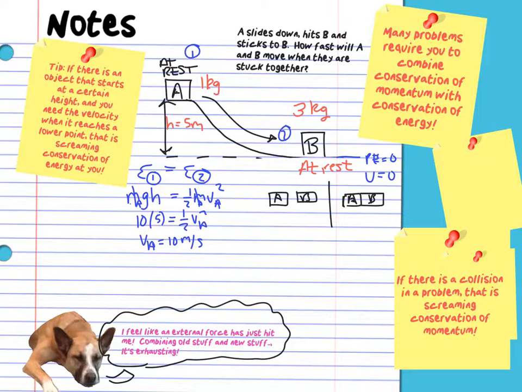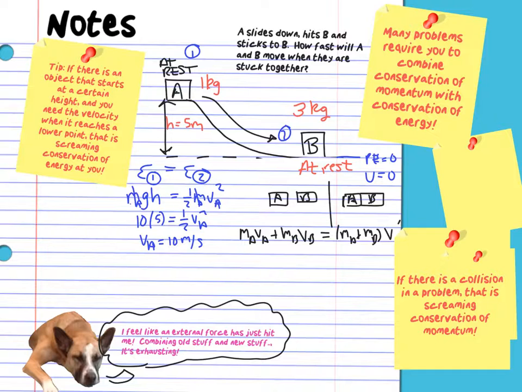Okay, so we want to find the momentum of the system before and after. So that is MAVA plus MBVB equals, and they are together, so we'll write it out the fancy way, and this is V prime, and we have to find V prime.